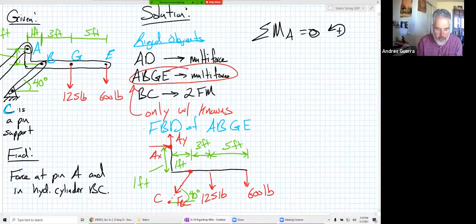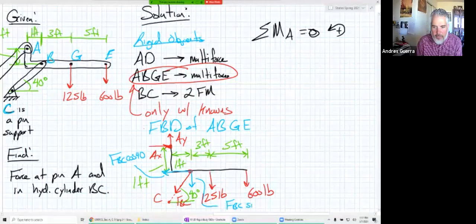FBC is at a 40-degree angle, and so what do we do when we have a force at an angle? Well, we break it up into components. And so we could have this X component right here. That would be FBC times the cosine of 40 degrees. And then our Y component would be right there. And that one would be FBC times the sine of 40 degrees.